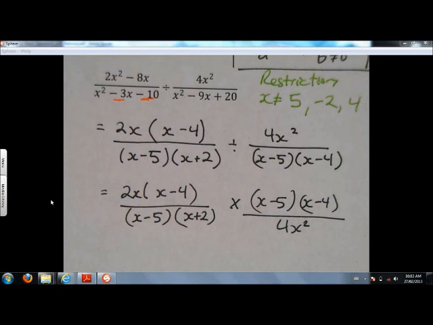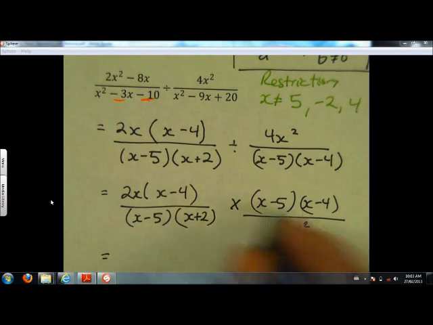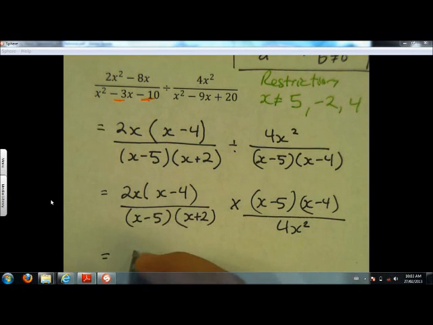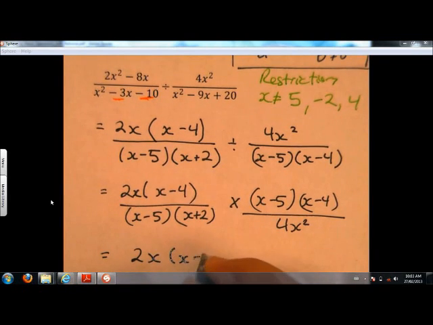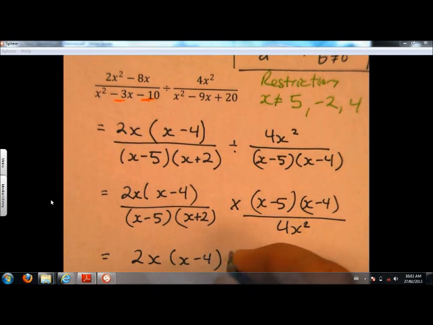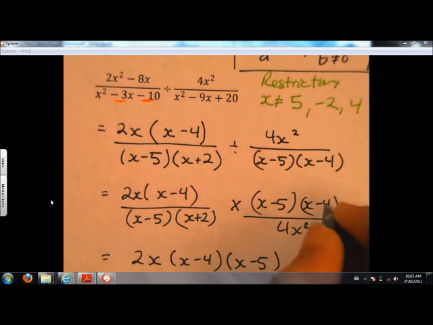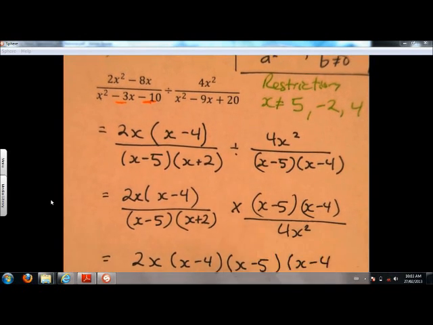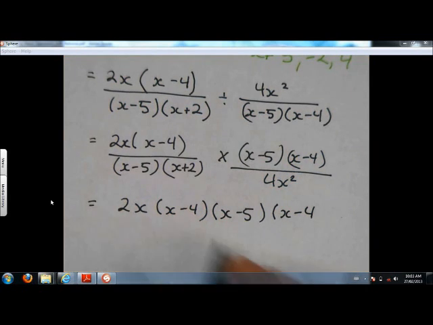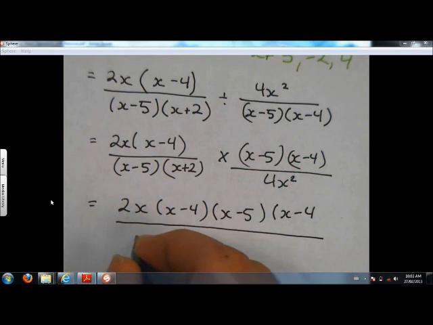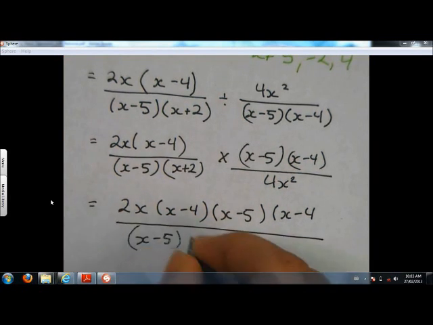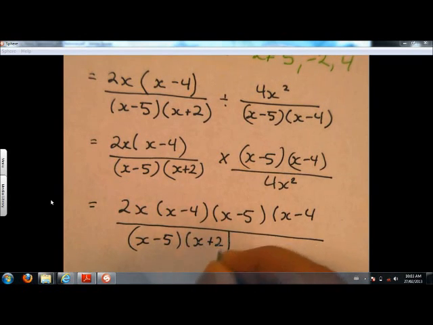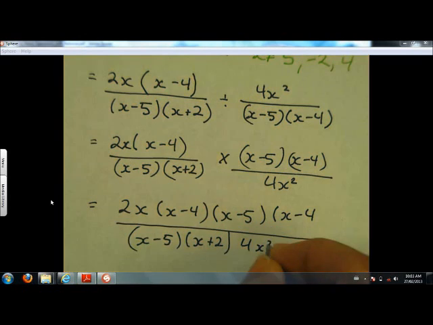If you're not ready for that, let's put them together. Multiply the numerators all together. We have 2x, x minus 4. Now that's multiplied by x minus 5 and x minus 4. All over x minus 5, x plus 2, 4x squared. We'll just put in a bracket.